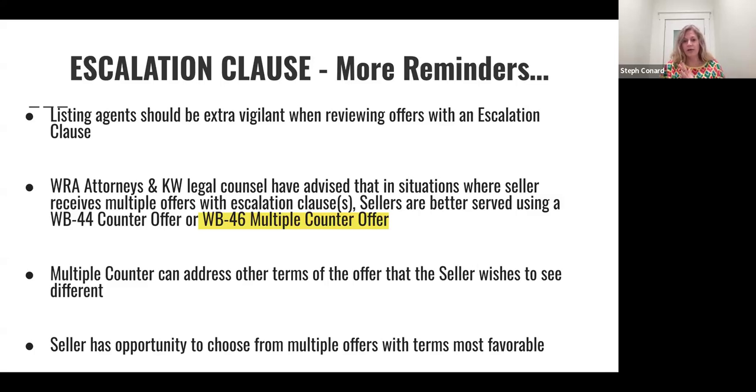My point is that the escalation clause is not the end all be all, and there are other considerations where you might need to counter the seller anyway. So just don't lose sight of that.